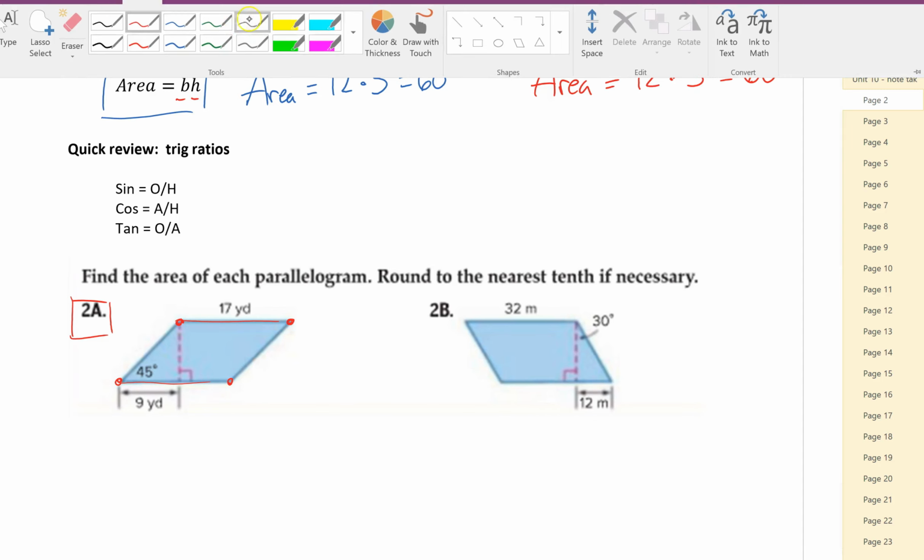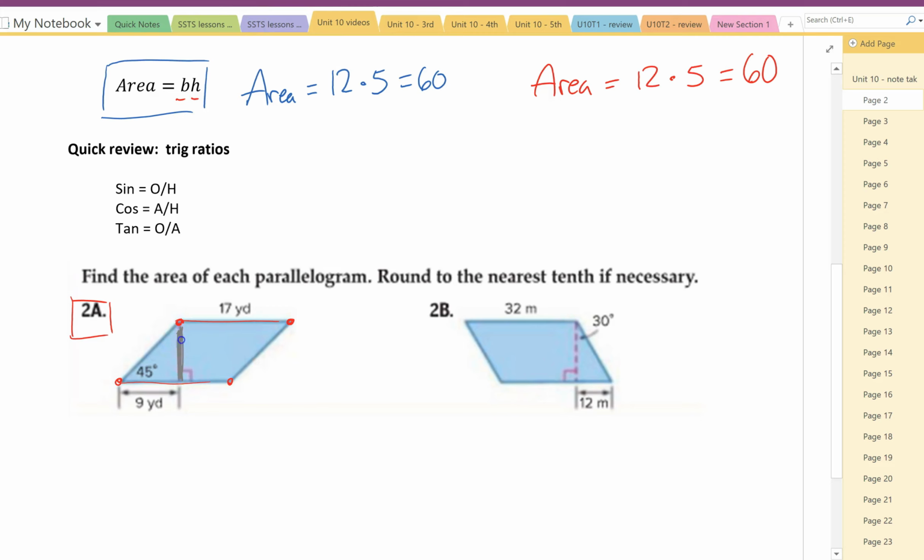The height is this right here. I don't know that yet, so I'm going to have to figure it out before I can solve for the area of this parallelogram. You'll notice here that I put a reminder of the trig ratios so that we can solve for missing sides within a triangle, because what you can see here is that I have a 45-degree angle inside of a right triangle formed by part of the parallelogram.